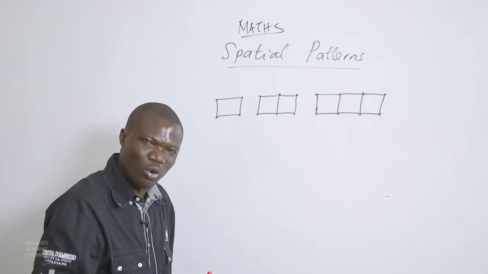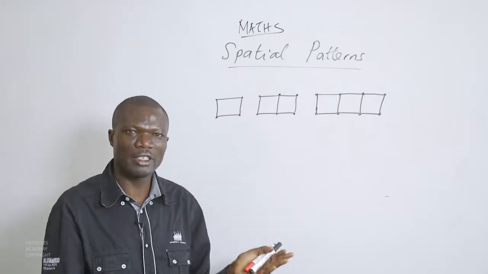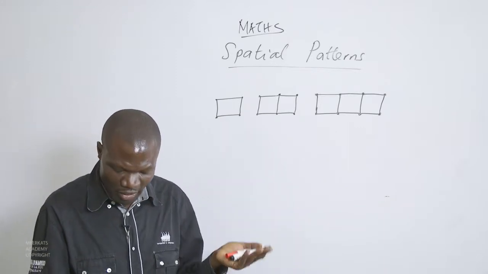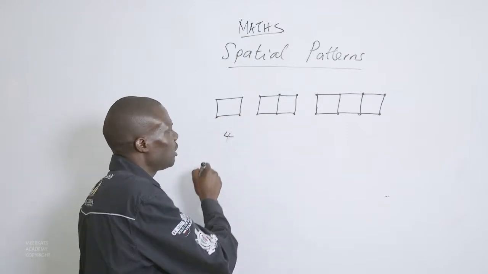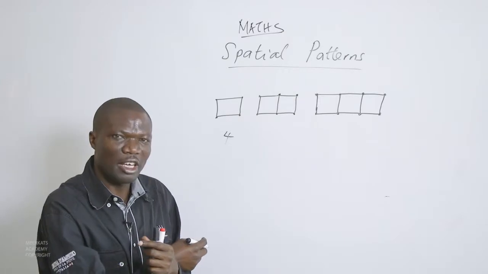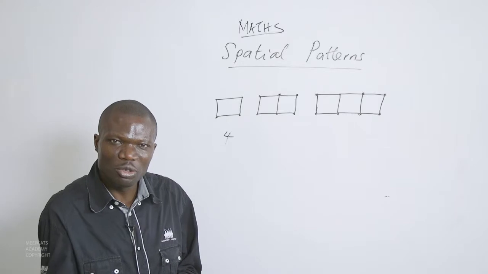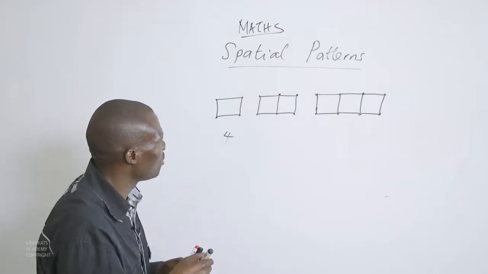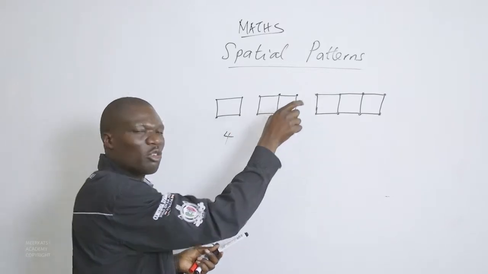Now, what is the starting design? The starting design here is a square. A square here has been made of 4 sticks. It would be odd that the next one, which has 2 squares, should have 2 sticks. But it should have extra 2 squares, which means it has 4, which is 8.